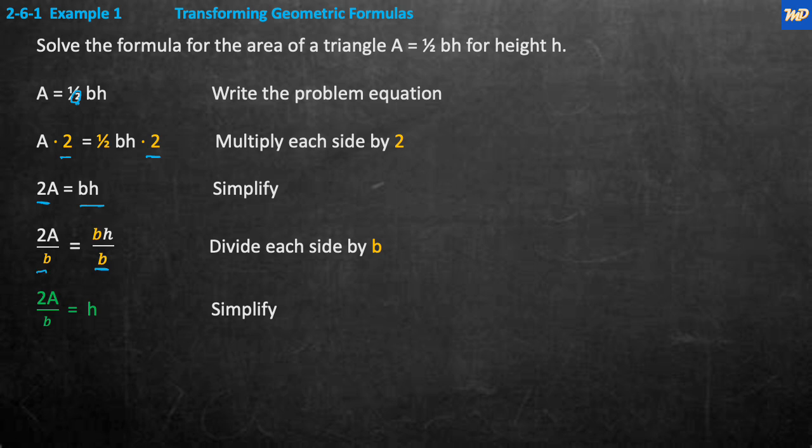When we do that, we simplify and get h is equal to 2A divided by b. And now we have the area of a triangle, 1/2 base times height, solved for h. So if you had the base and the area, you can find the height.